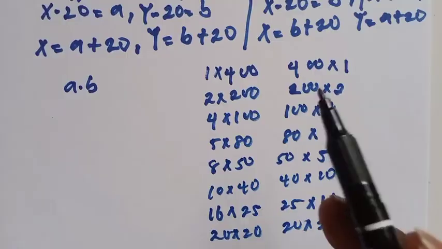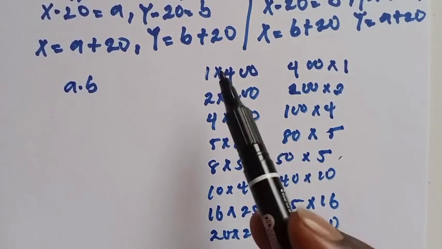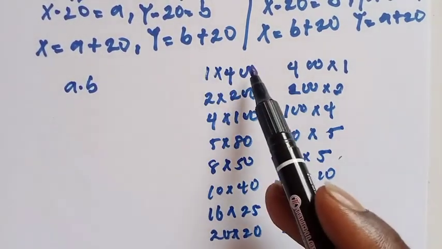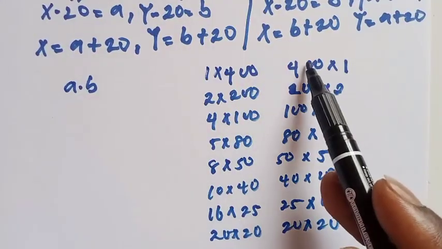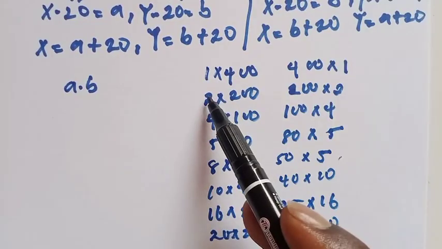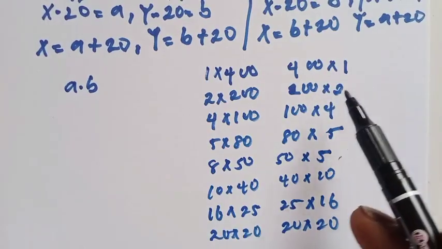So this is a list of positive integer factors of 400, and they are swapped pairs. So this represents A and this represents B, and then when you swap it, it becomes B, and then this becomes A. Same for this, A and B, and then when it swaps, it becomes B and A.